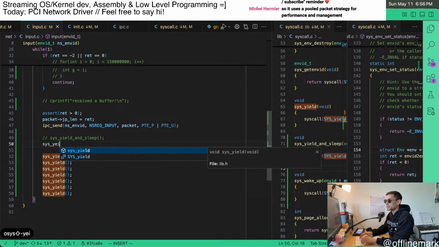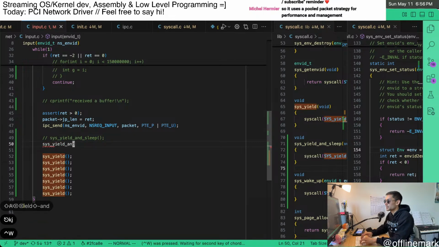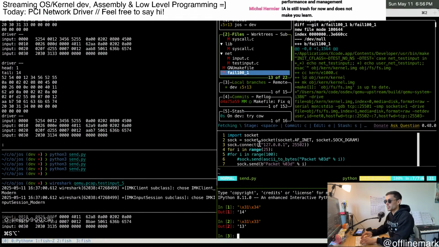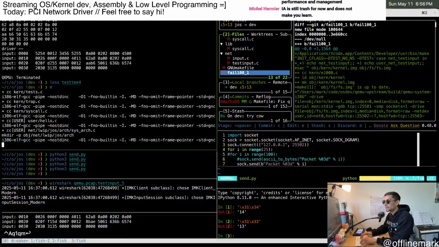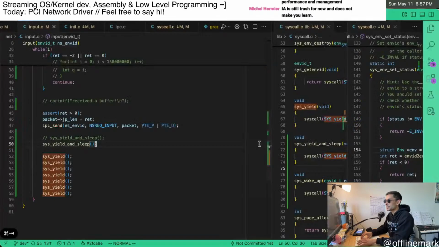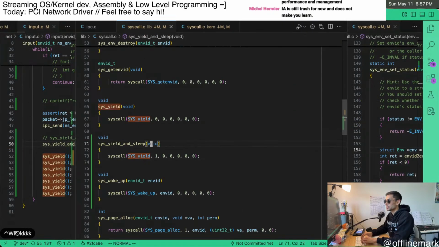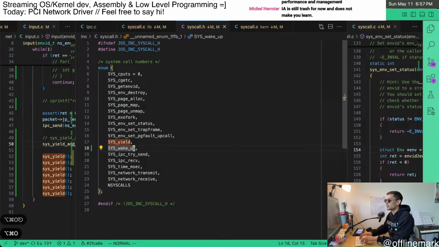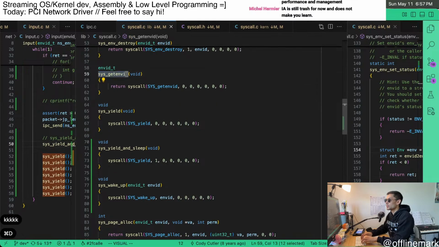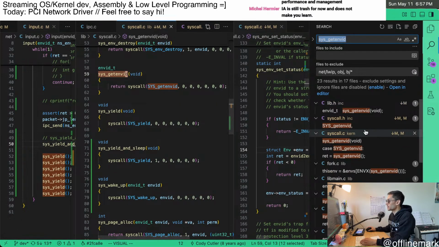And so yield should just yield and sleep. Does this compile? Implicit declaration. Oh, do I need to, is there some header file?